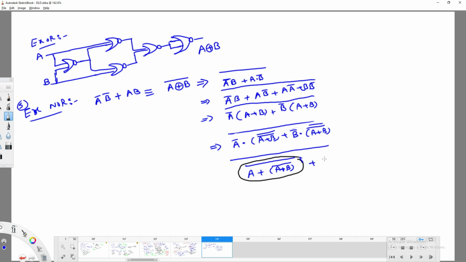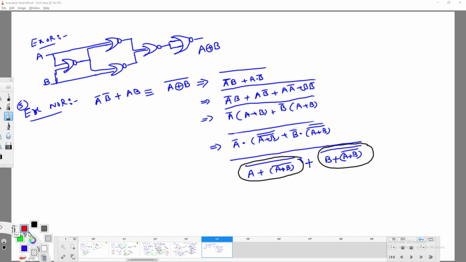Plus b plus a plus b whole complement, whole complement, whole complement, for this the plus is there, right? Now try to observe. This is one expression in complement form, this is x plus y whole complement. That's the reason I have taken it like that.